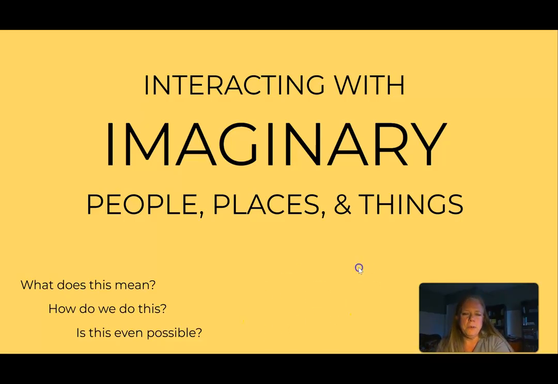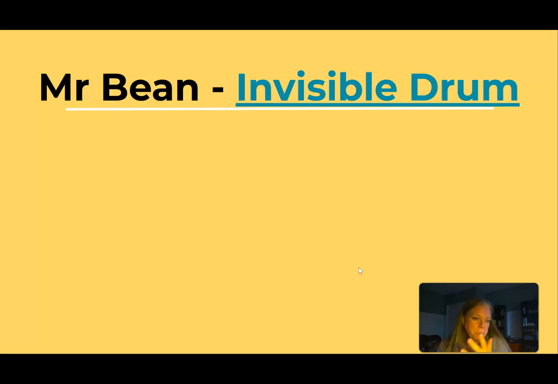And so, this is the part where now you're going to need to stop this video. This is a video made by a character called Mr. Bean. He is from the UK, and it is called The Invisible Drum. So stop the video and see what you think.